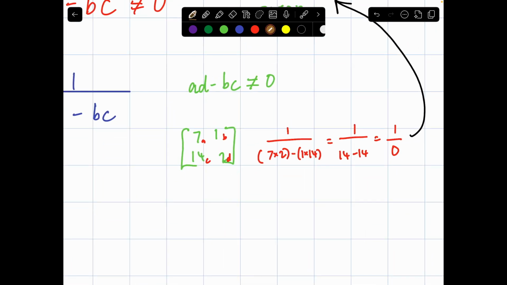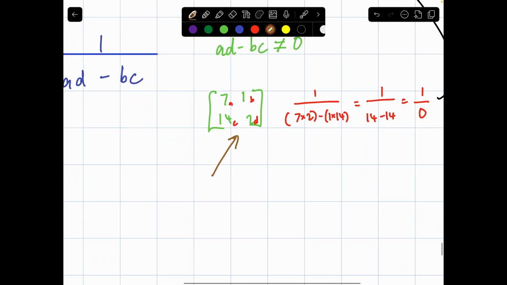Therefore, it's safe to say that this particular matrix, which is 7, 1, 14, 2, does not have an inverse form.